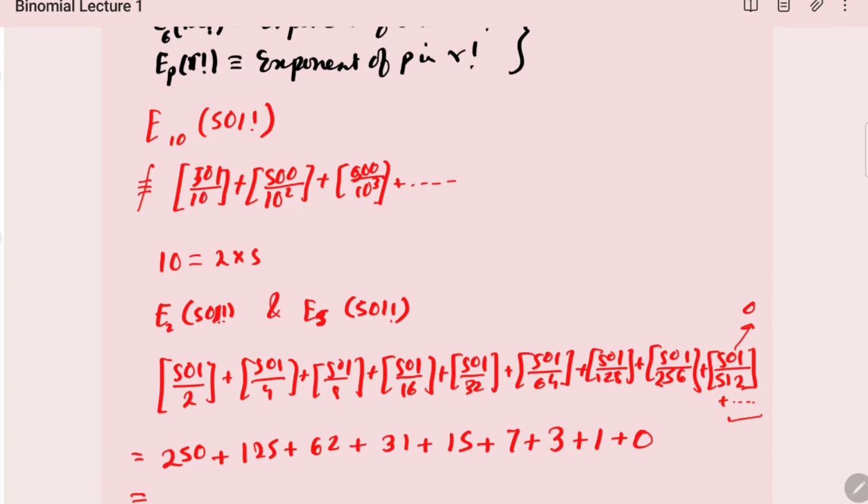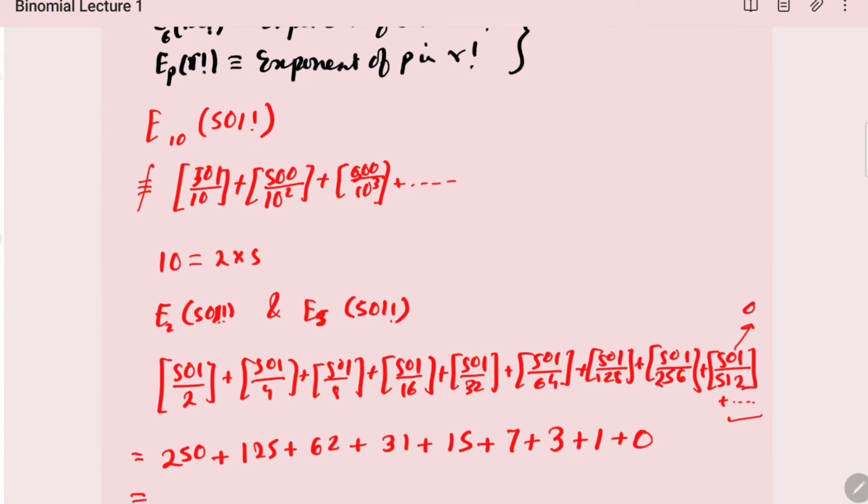So you have to add all this. So 250 and 100 is 350. So 350 and 25 is 375. 375 and 60 is 435.